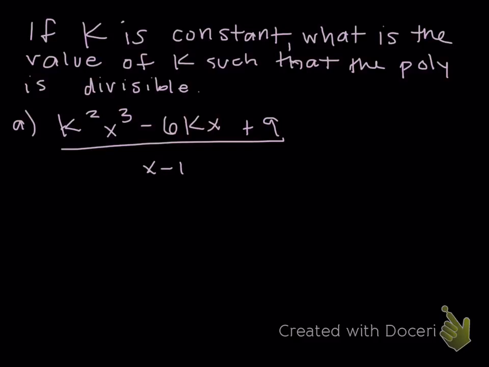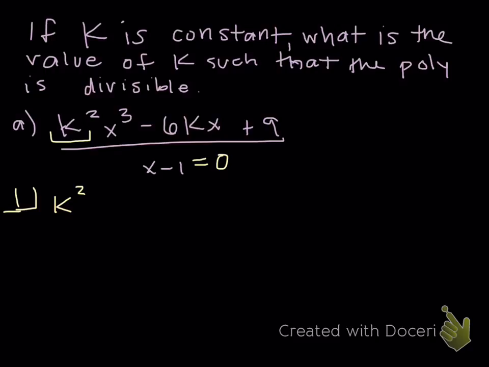So the first thing we need to figure out is what's in the remainder spot so that I can solve. So we're going to fill in a 1, because again, if I set this equal to 0, then we get a positive 1. And now we fill in our leading coefficients. So notice my highest exponent is cubed, and I have k squared x cubed.